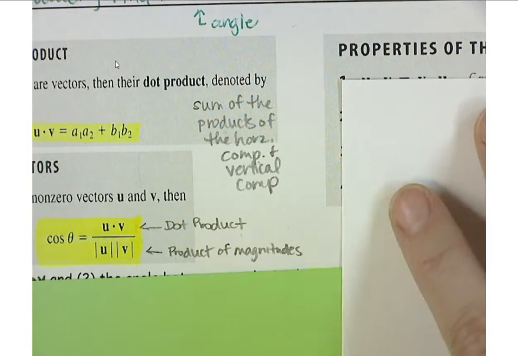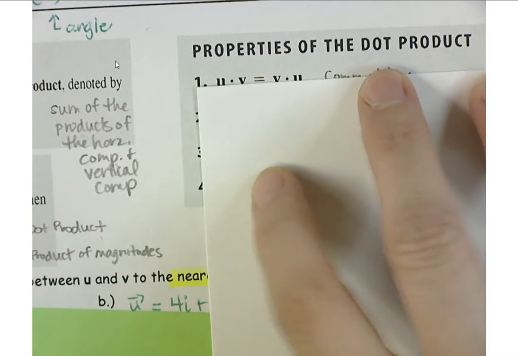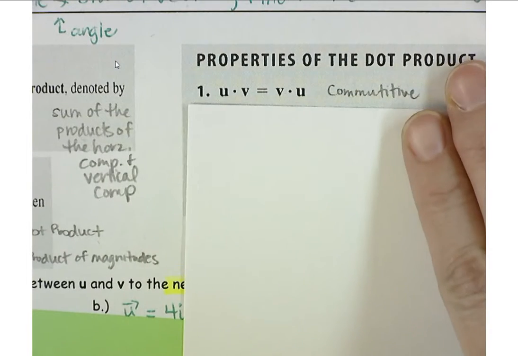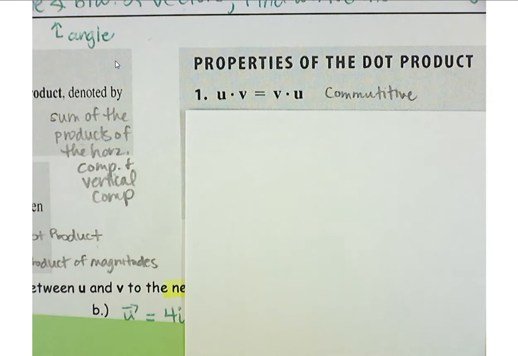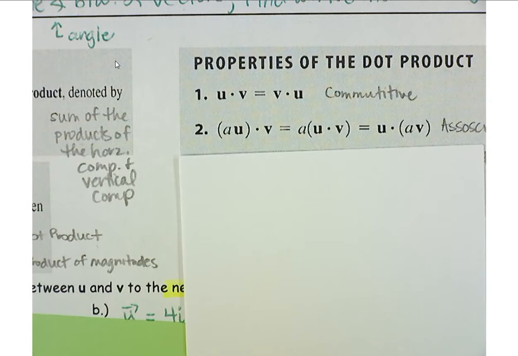Now, we also have properties of the dot product. And these are ones that you are familiar with from multiplying and addition. So it is commutative, which means you could do u dot product v or v dot product u. It is associative.